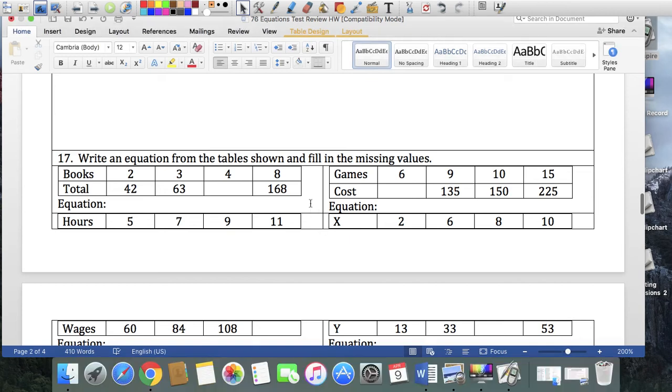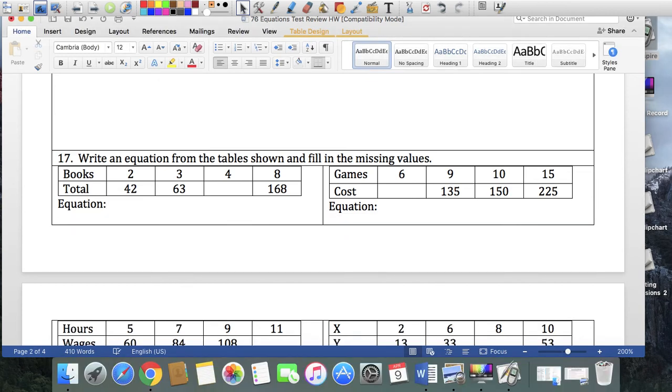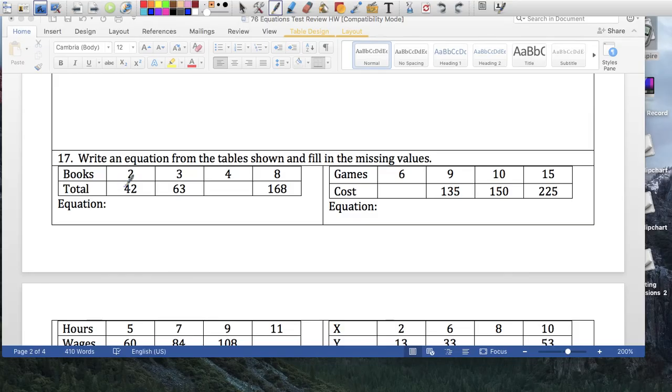Write an equation from these two tables. Okay, so let's see how we do that. Do you see a relationship here? It would be times 21, so this should be 84. So the total T is going to be 21, right?